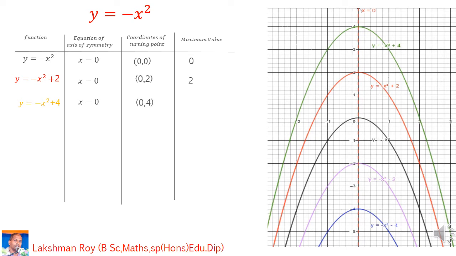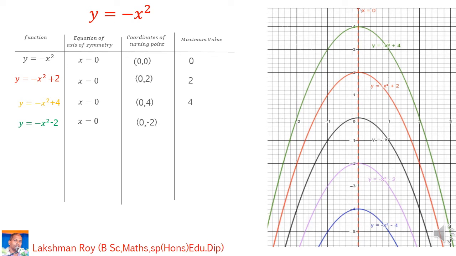This one, y equals negative x squared minus 2 graph. What happened? The equation of axis is x equals 0, the same. The coordinates of the turning point are x 0, y negative 2. Then the maximum value is negative 2.